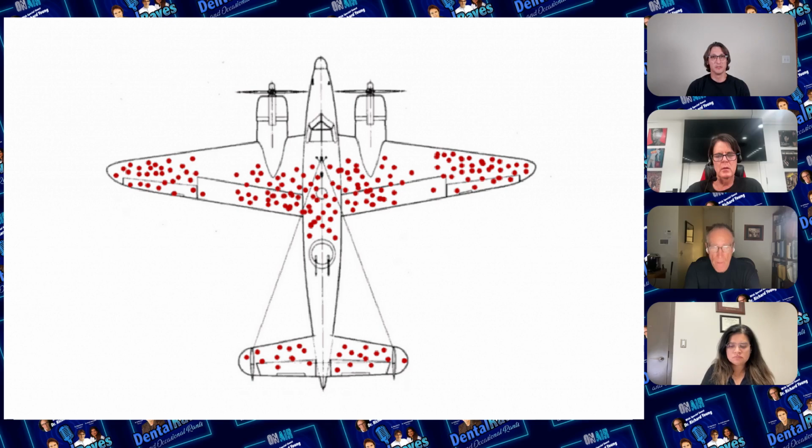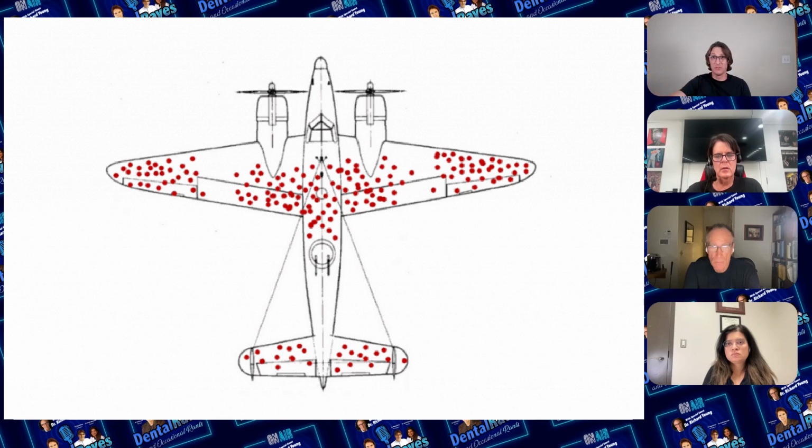And a mathematician said, no, we have a problem here. These are the planes that came back that have these holes. If we make decisions on the planes that came back, we're missing all the planes that didn't come back. And maybe the places that don't have holes on the planes that came back are the ones that got hit there and went down.